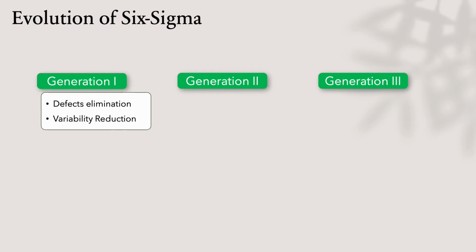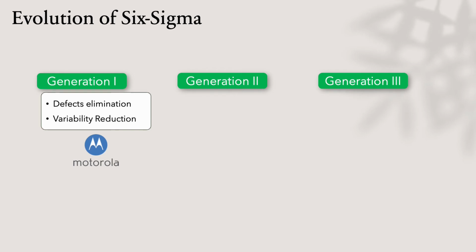In statistical terms, the variability is the deviation, and it is reduced to the maximum possible extent. The leader in the implementation of generation 1 was obviously Motorola, because it developed it and introduced it to the world after implementing it in their own company. They got huge benefits from it.